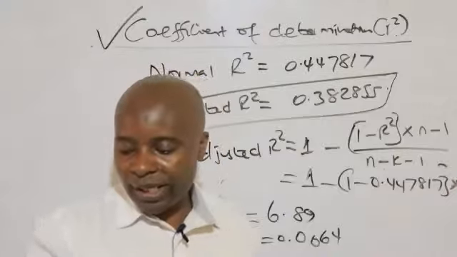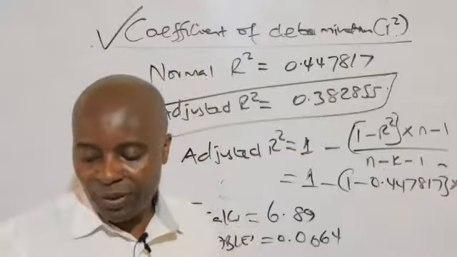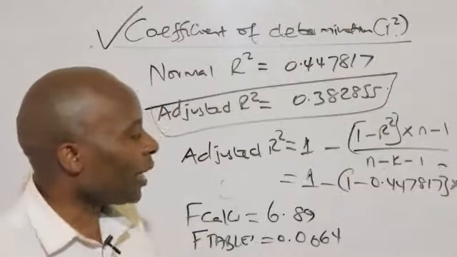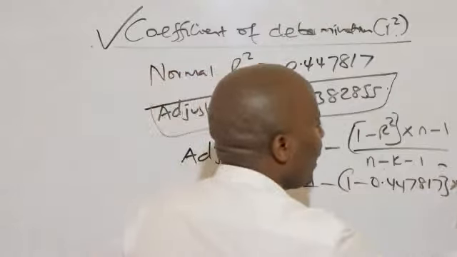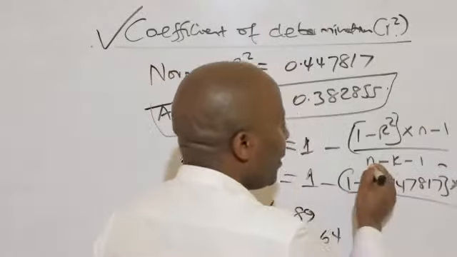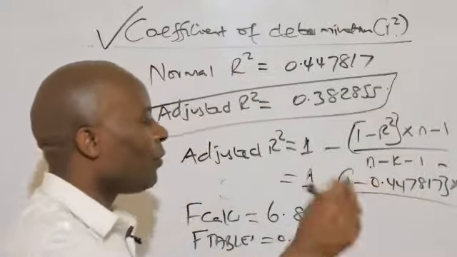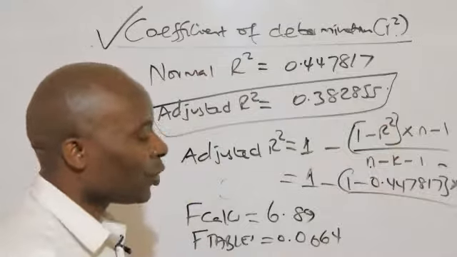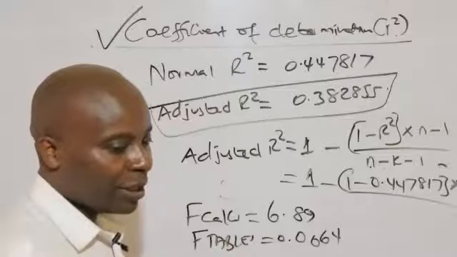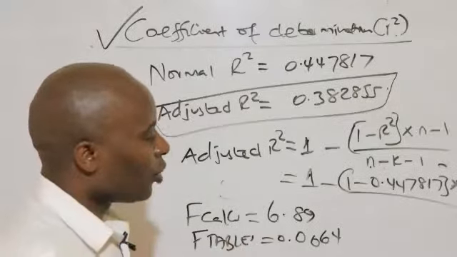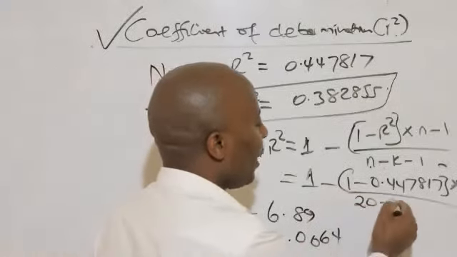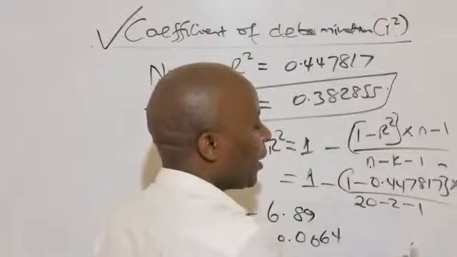They told us that our sample size observations were 20, so 20 minus 1 gives us 19, all over n is 20, k number of predictor variables were 2. So we talk of 20 minus 2 minus 1.